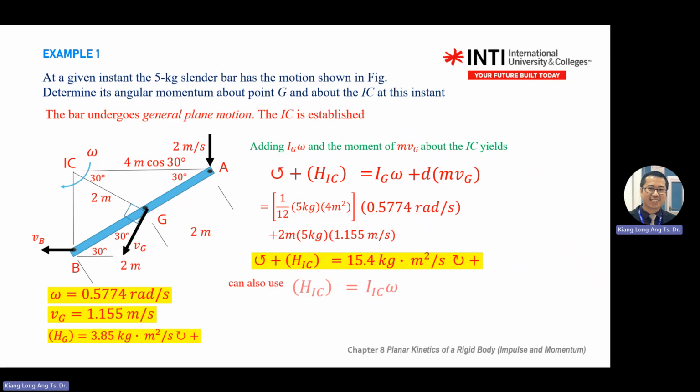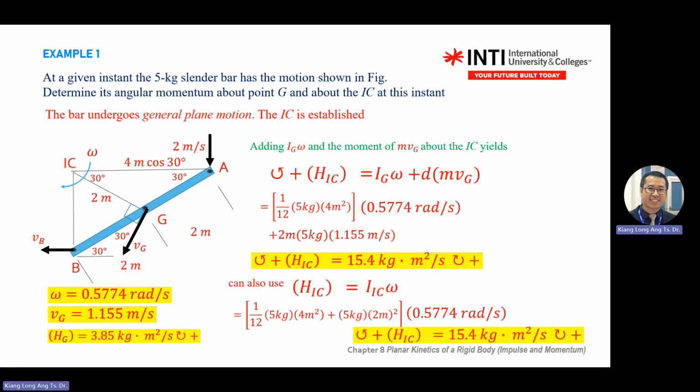This is another solution. You arrive at the same answer where you apply this one, IO equal to IG plus md square or mr square. Both are the same, but I recommend you memorize this one.